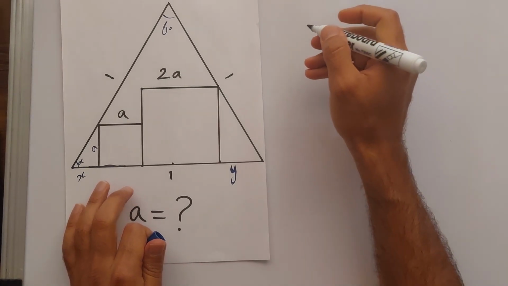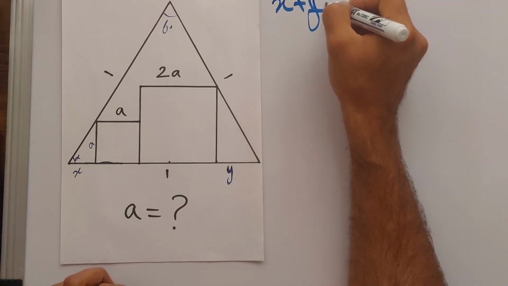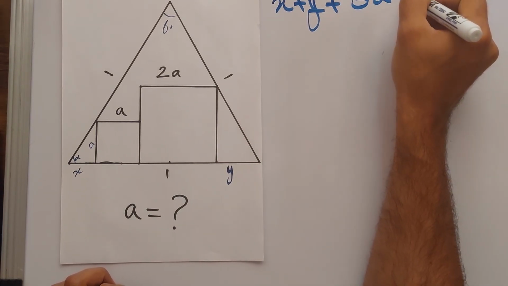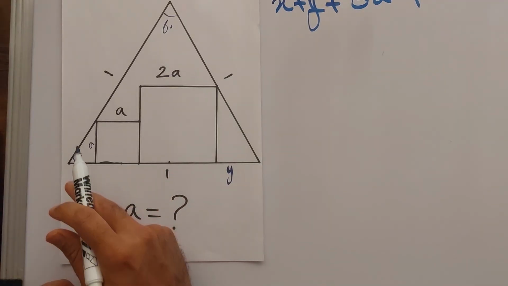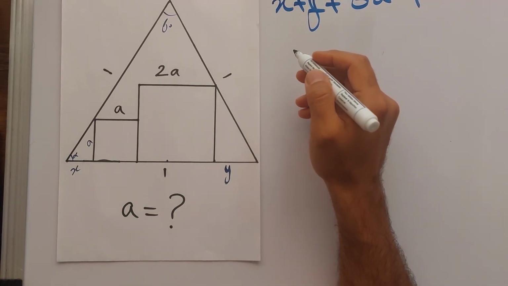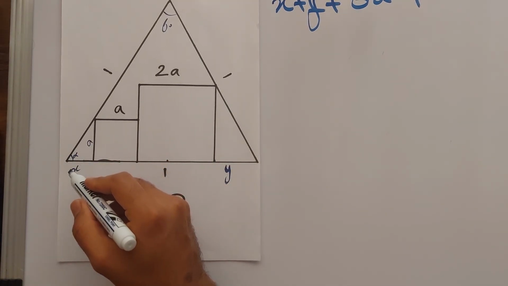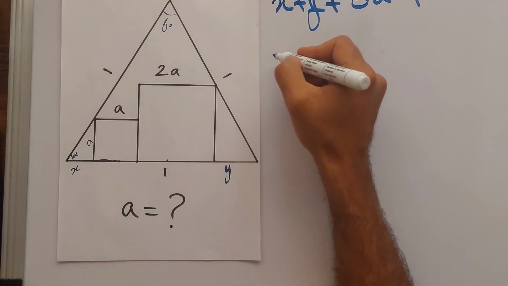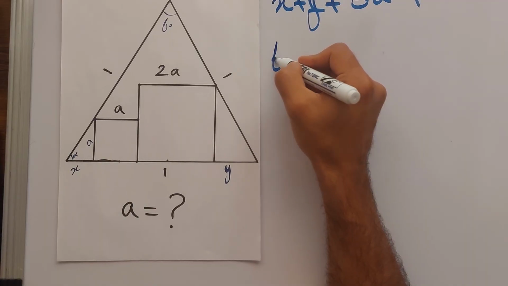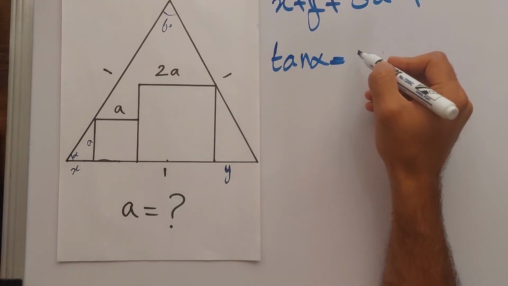So let's start by writing x plus y plus 3a equals 1, right? So x plus y plus 3a equals 1. So let's write down x in terms of a using the tangent of alpha. So we know alpha is 60 degrees. So we know that tangent of alpha equals a over x, right?